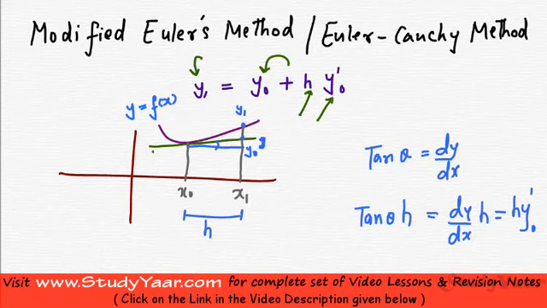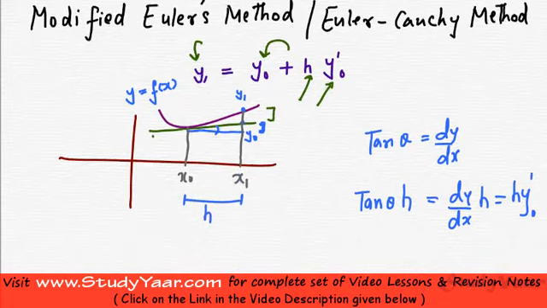However, when you do that, you get an error, right? It is only an approximate value. You are going to get an error of this much. This is your exact value and what you have calculated is this value. Now in the modified Euler's method, we want to reduce this error.